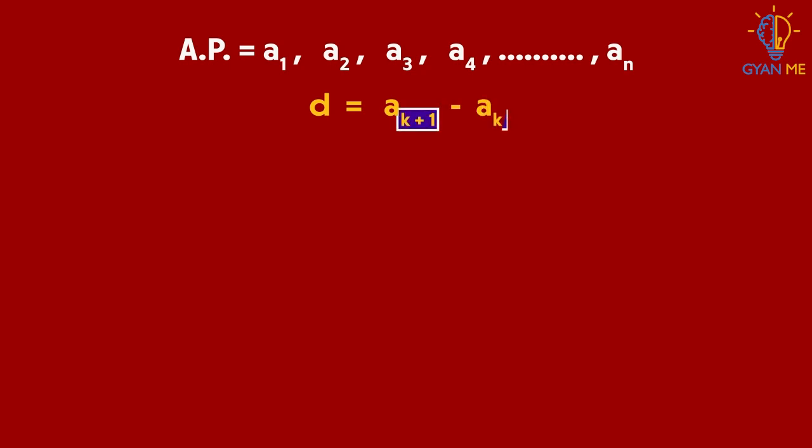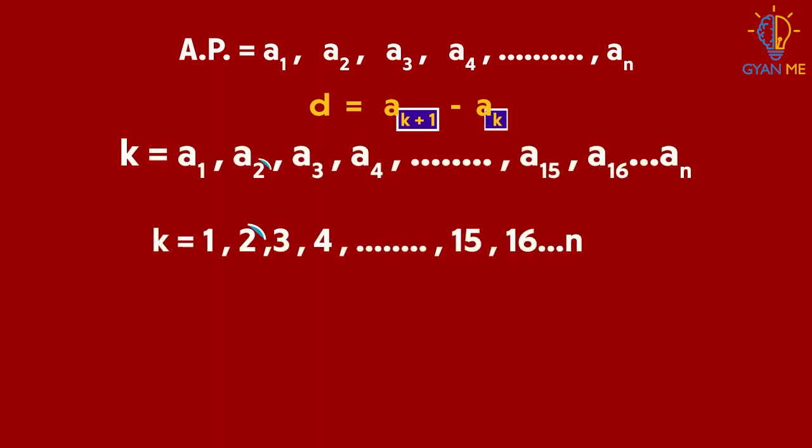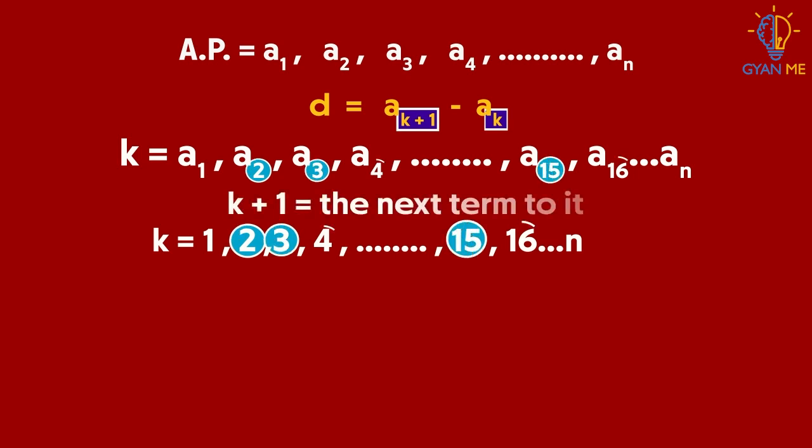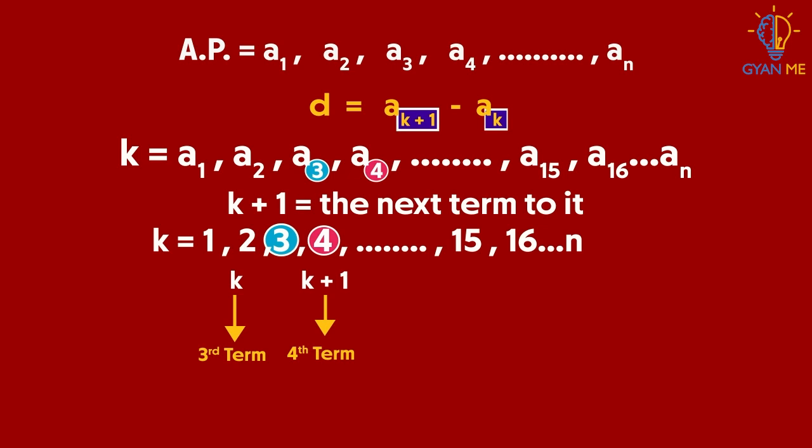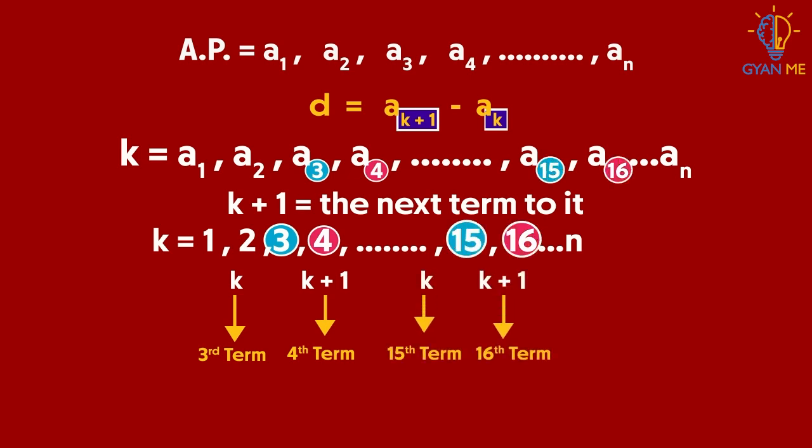Here k plus 1 and k are the consecutive terms respectively. k represents any term, such as second, third or 15th, and k plus 1 represents the next term to it. So if k is the third term, then k plus 1 will be the fourth term. If k is the 15th term, k plus 1 will be the 16th term.